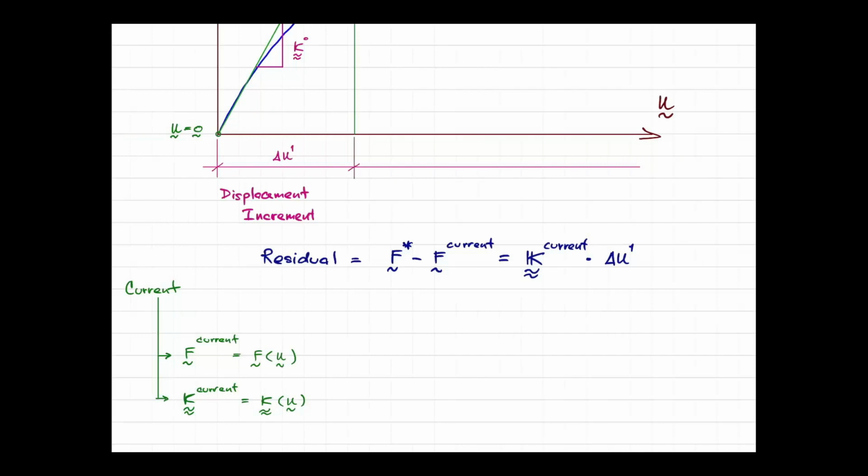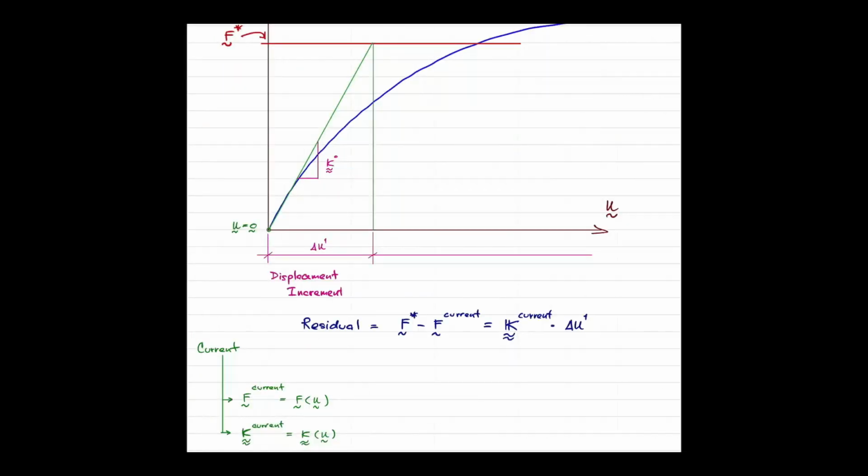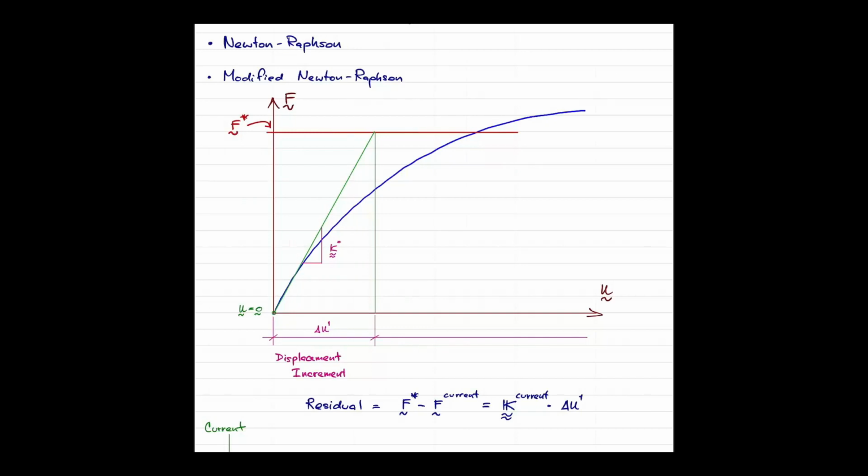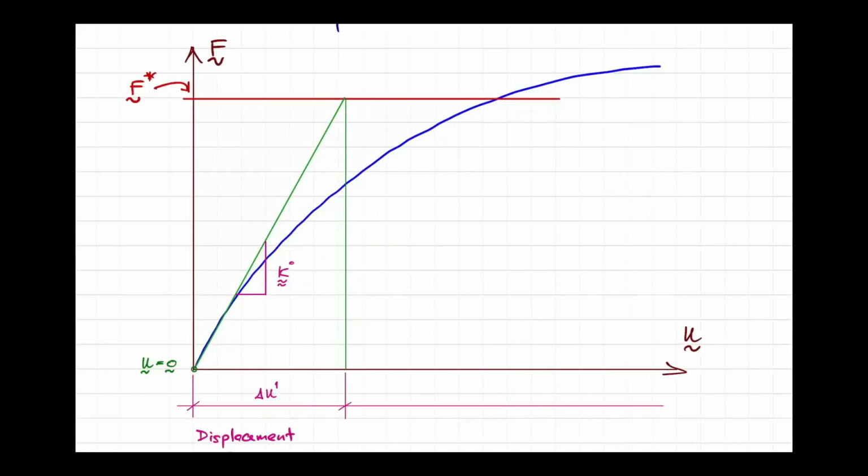So you have this system here, you invert the K, you multiply by the F star minus F, and as the first step your F current is equal to 0. So first step you end up with this delta U1.